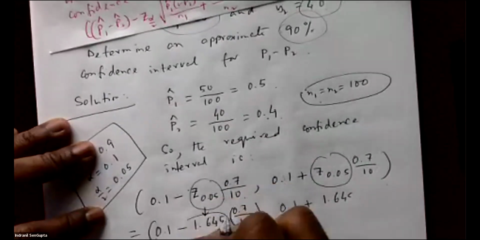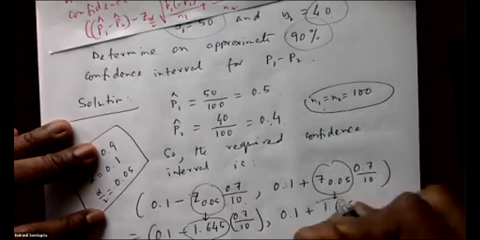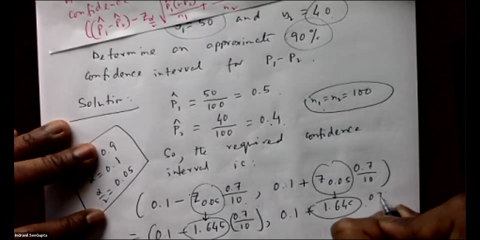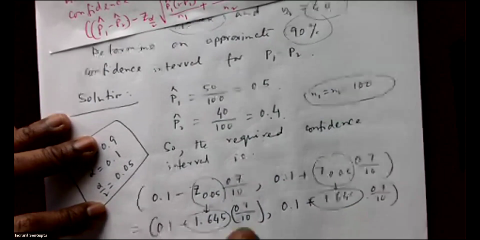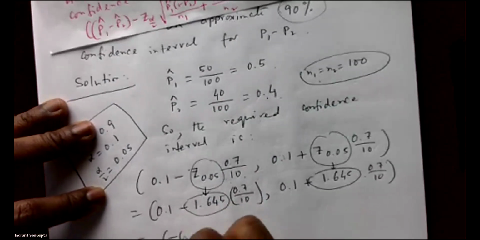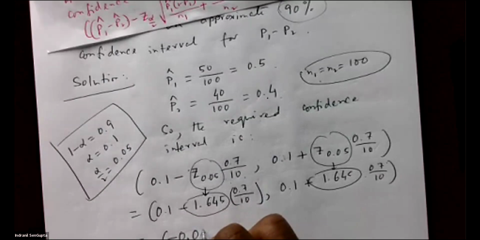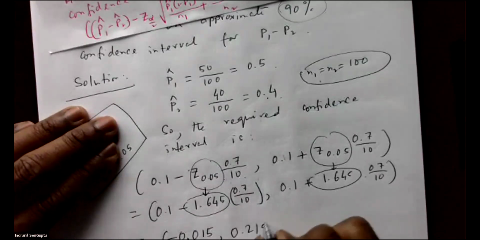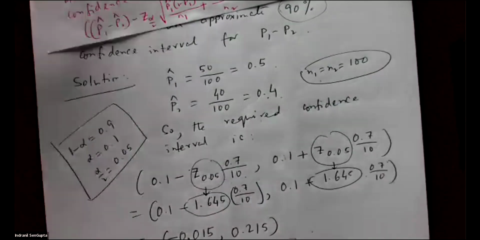If you compute this interval, it's actually minus 0.015 through 0.215. That's the interval we are talking about here.